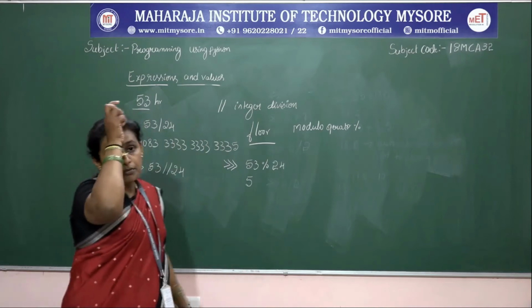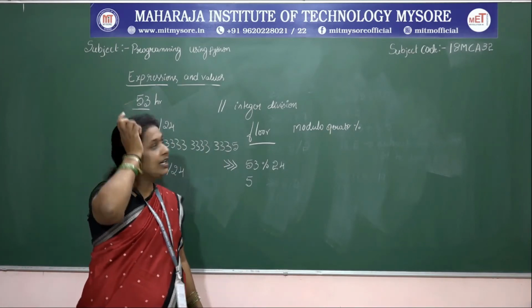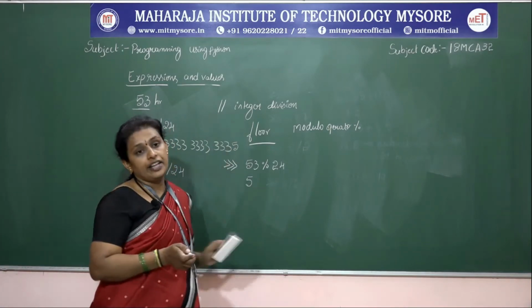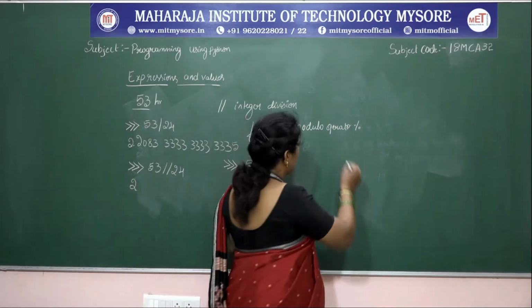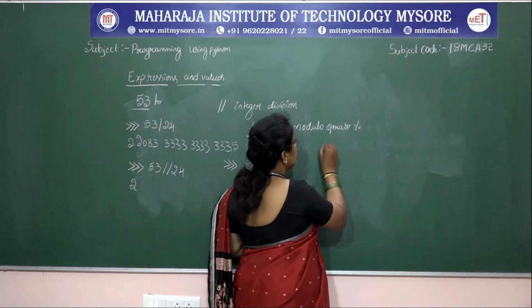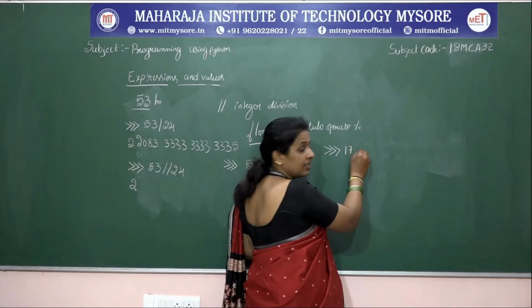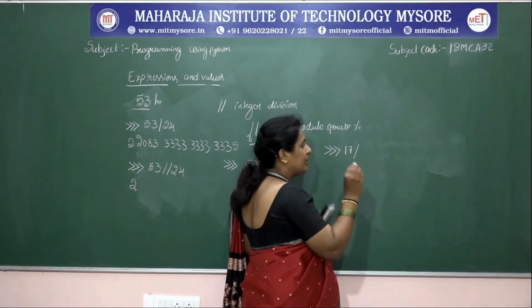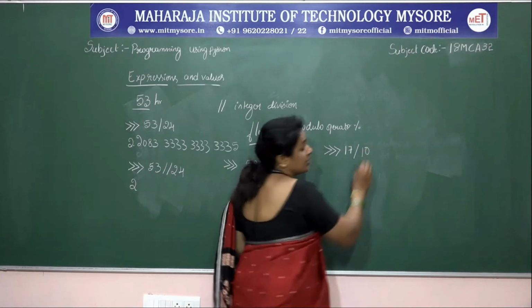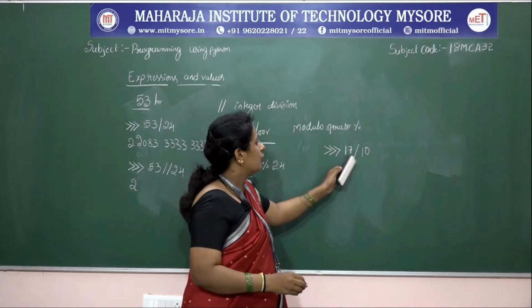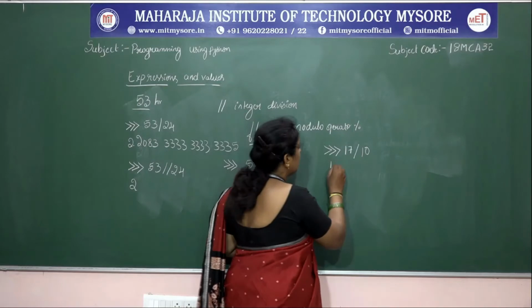So let's give some more examples with respect to integer division. Okay. So this is 17 single slash, which means normal division, it's only the division. So when you run it, you will get 1.7.